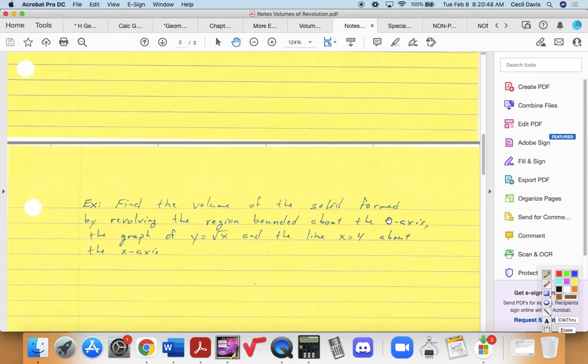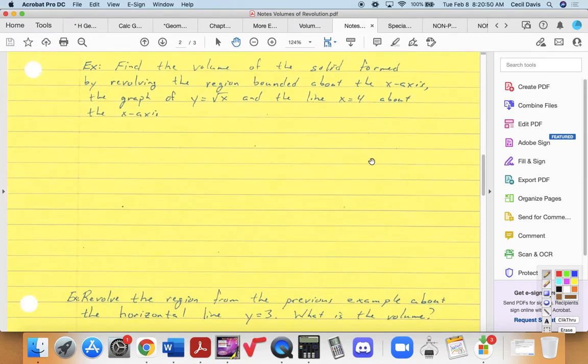So let's do some examples. Find the volume of the solid formed by revolving the region bounded by the graph of y equals the square root of x and the line x equals 4 about the x-axis. So let's sketch that.